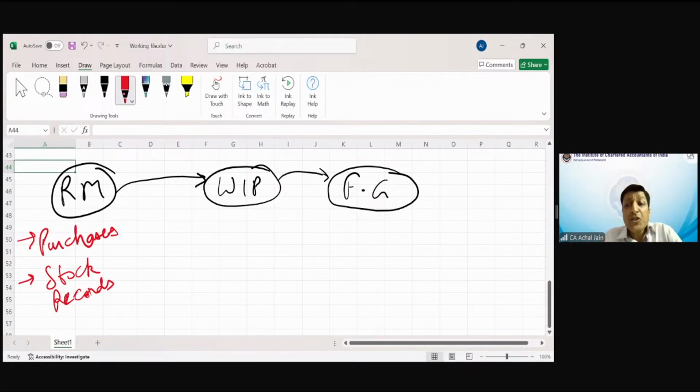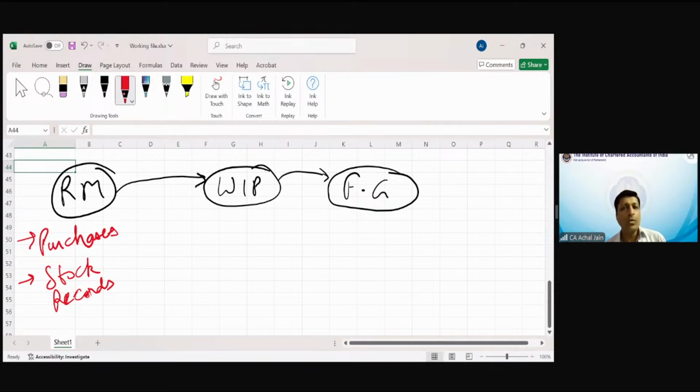Priyanshi says valuation of raw material. How much raw material is required? See, how much raw material is required is more of a management assessment. That doesn't have any financial implication and has got nothing to do with finance. Let's suppose the company needs 1 lakh units, but it is holding 10 lakh units.